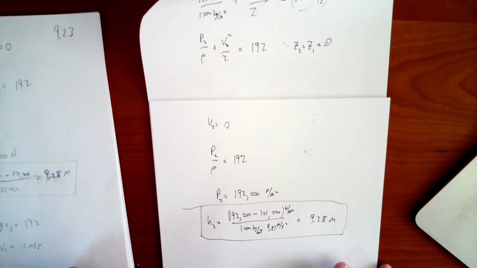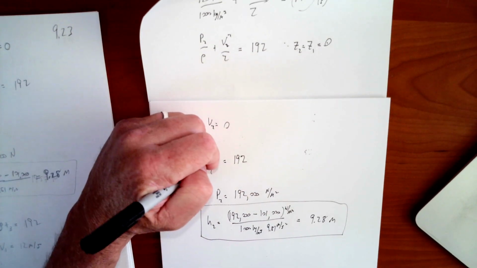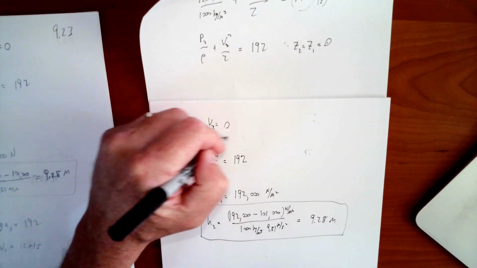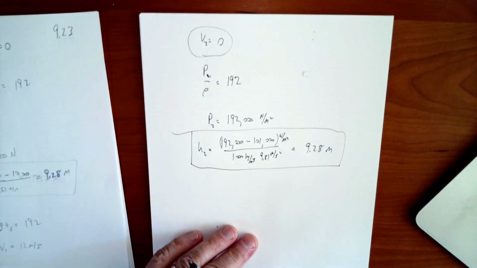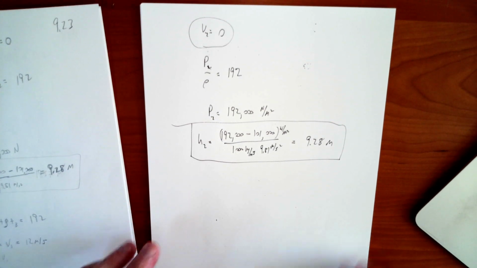It's almost 4 and a half times as big as H1, because the pressure is much, much higher at P2. The velocity has dropped to 0, and that has caused a large increase in pressure as the velocity has stagnated, what we call stagnation pressure. We'll talk about that again in a second.